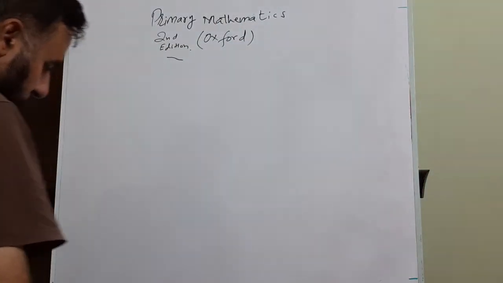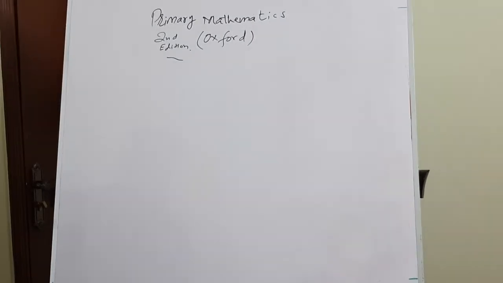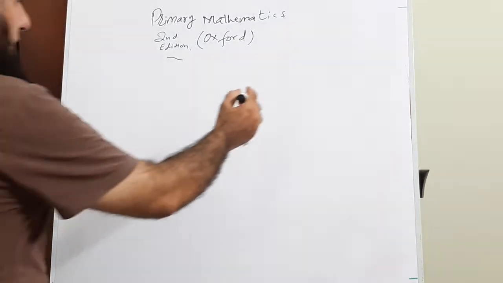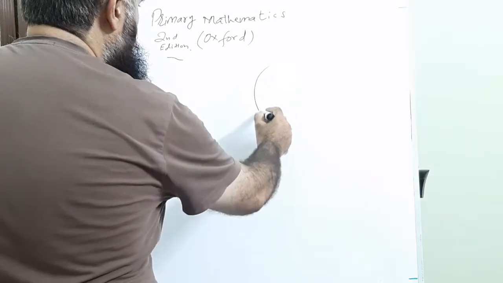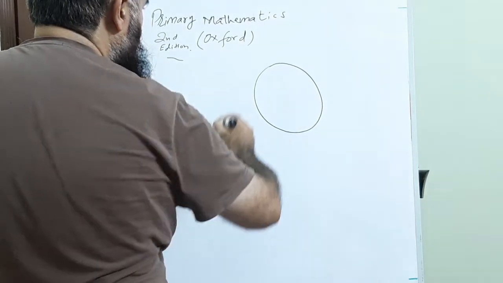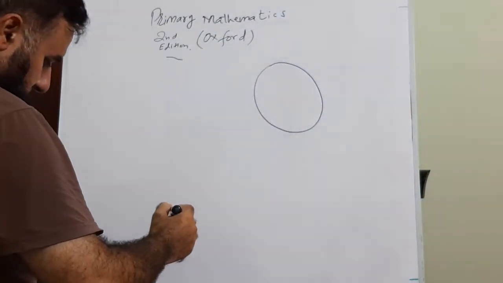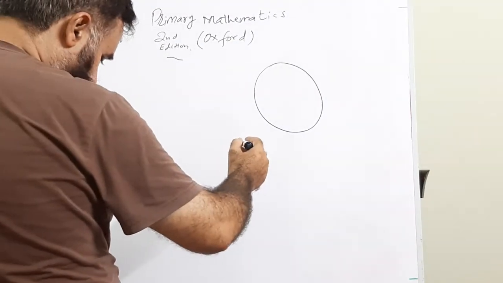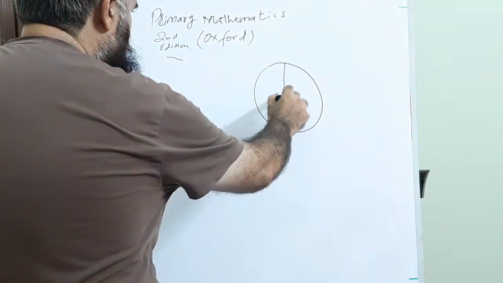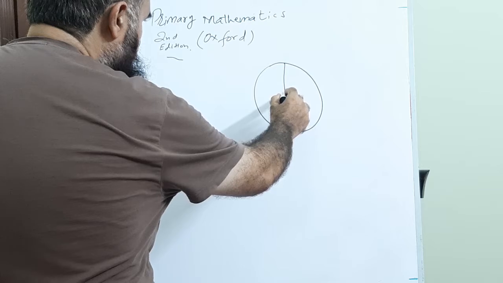Question number 6. What fraction of each circle is shaded? There is one circle given, and there are parts like this.